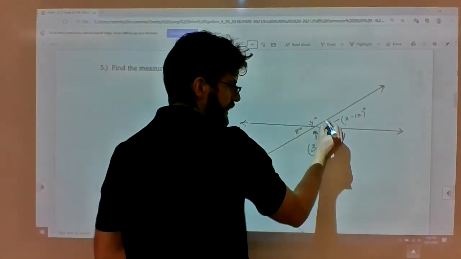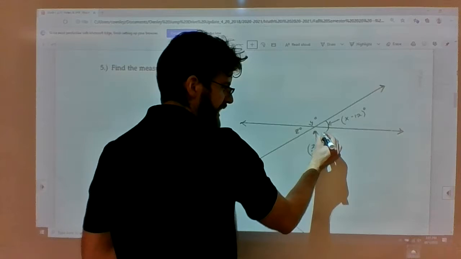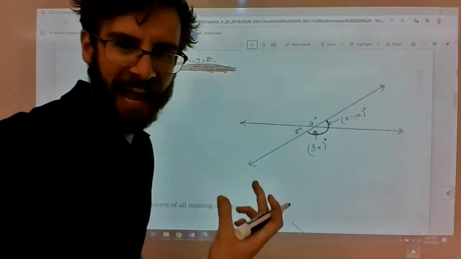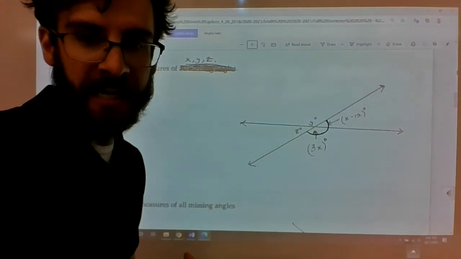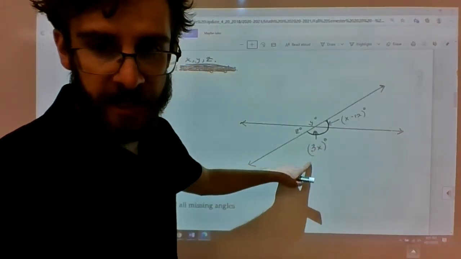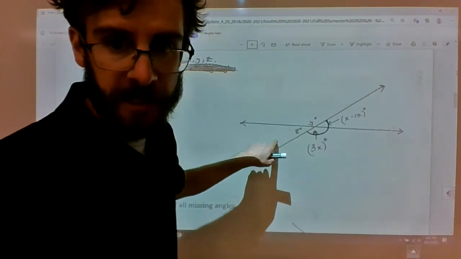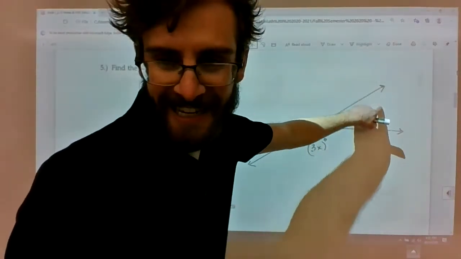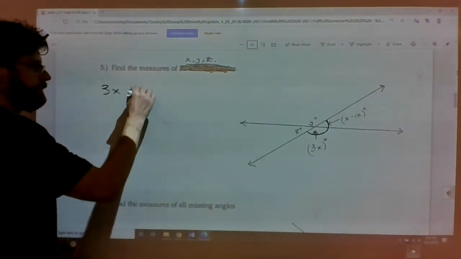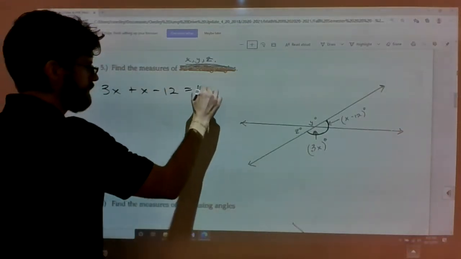So this angle and this angle together create that half dome that is 180 degrees. So x minus 12 plus 3x should come out to be 180 degrees. Right?